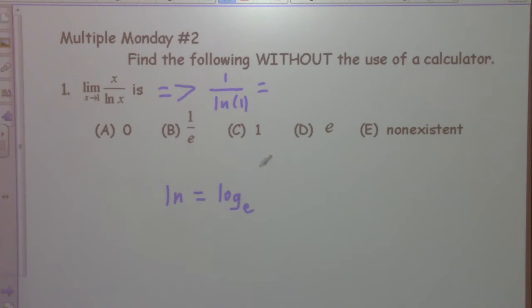So ln is log base e, and so what you're being asked here is what power do you raise e to equal 1? E to what power equals 1?